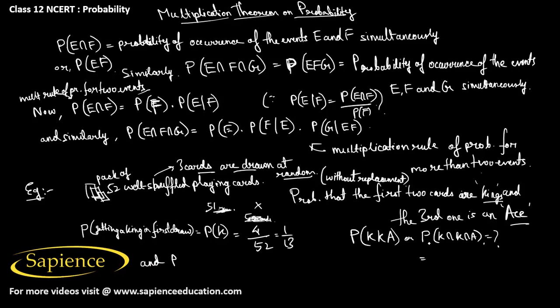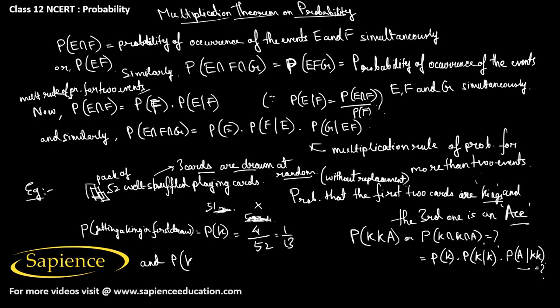So P of K, K and A will be the probability of getting a king, times the probability of getting a king in the second draw given that a king has been drawn in the first draw, times the probability of getting an ace provided that two kings are drawn in the first two draws. The probability of a king in the first draw is 1 by 13.